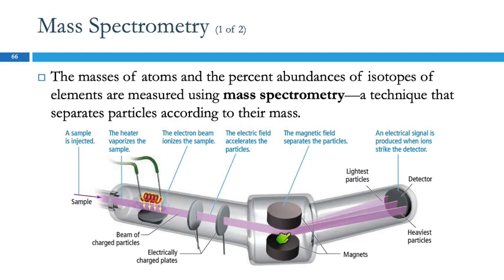They're charged, they're going through a magnetic field that's going to cause them to bend. The lightest particles will bend the most, the heaviest particles will bend the least. And then we have a detector here. And so we can measure the intensity of the signal and the position of it, and from that calculate the percent abundance and the mass of the different isotopes.